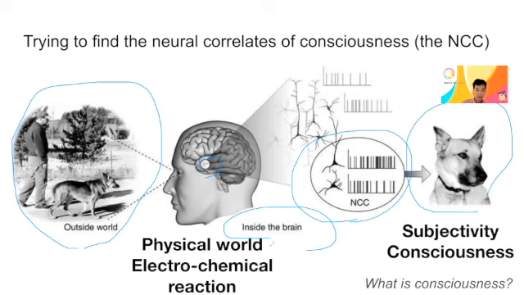And then the question is, what is the physical event happening within this physical world, presumably electrochemical reactions inside the brain, that corresponds to or coincides with the subjectivity or conscious experience. So this finding of the correlation between the outside world and the mental is basically the NCC paradigm.